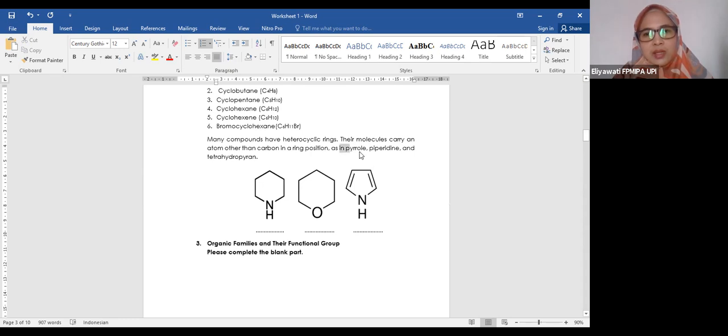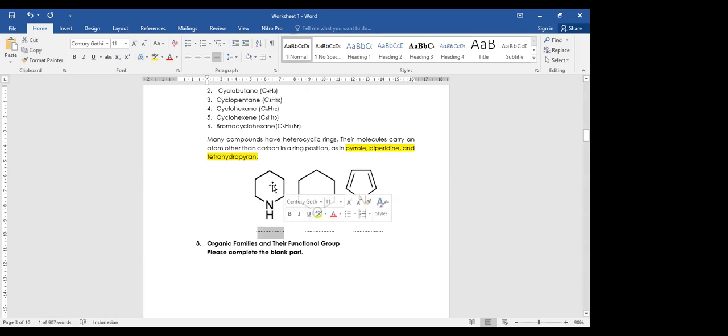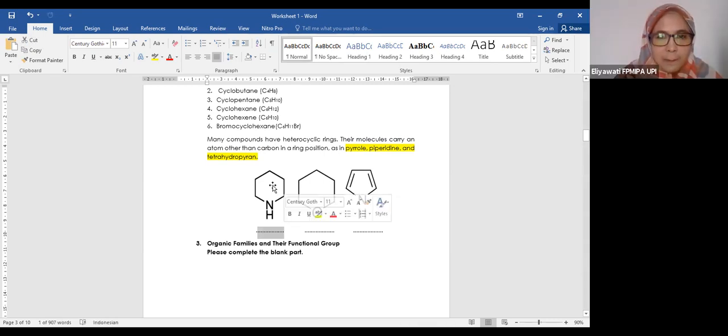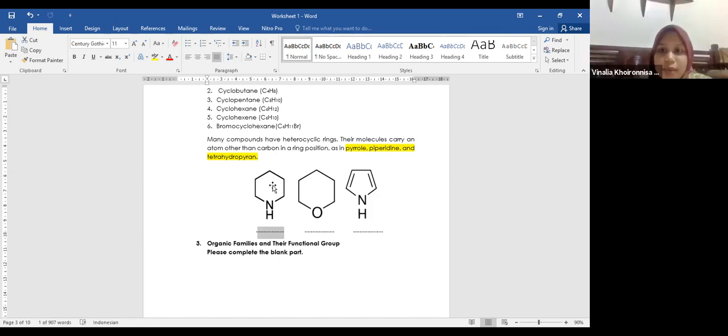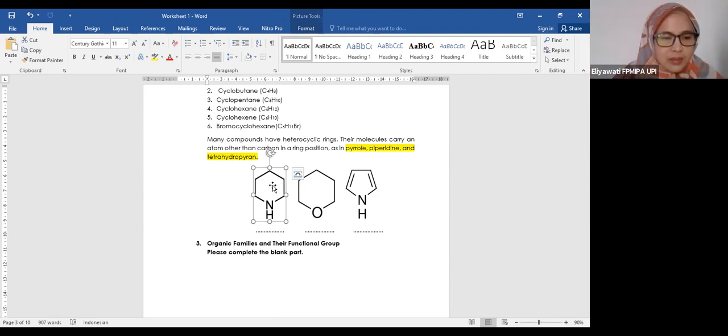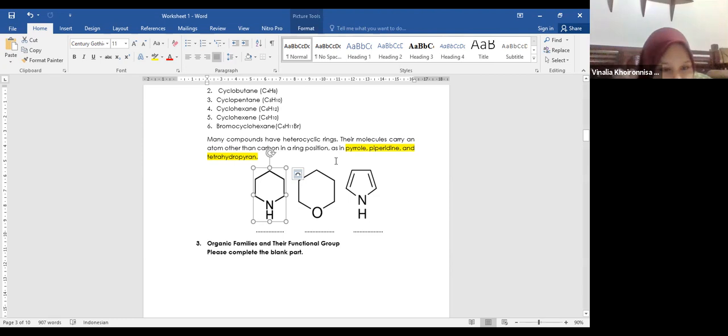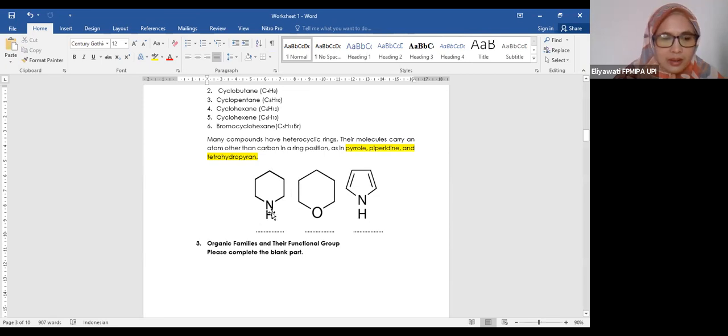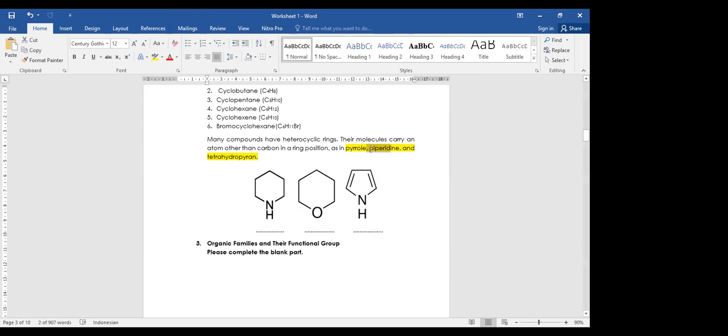Now I introduce you to some of the structures here. I already mentioned the names, but it's still random. Your task is to determine which one is pyrrole, which one is piperidine, which one is tetrahydropyran. First one, piperidine.